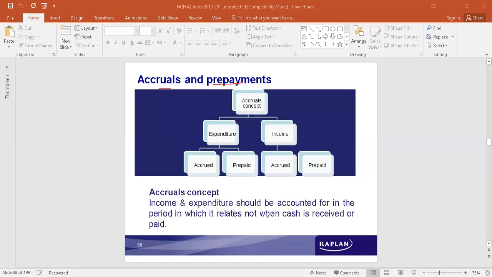If there is prepaid rent, the benefit of utilizing the accommodation would be there without making a payment. Benefit is still there. So benefit is not yet realized. On that note, it will be shown as an asset because it is for a short period of time. It would appear as an asset. So if it is prepaid expenses, okay.